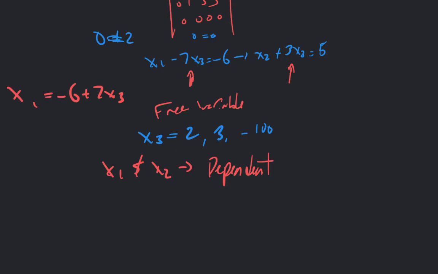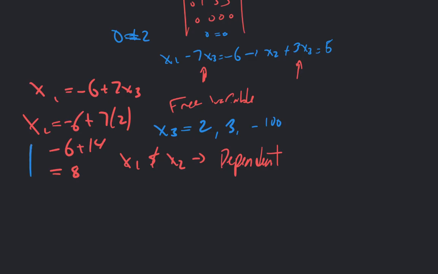So if x3 is equal to 2, then x1 is negative 6 plus 7 times 2, or negative 6 plus 14, or 8. It's almost like x1 is a function of x3. Almost. I'm not exactly sure on that, but it just seems like it is.